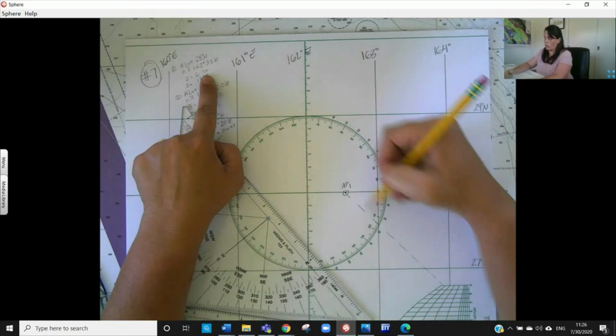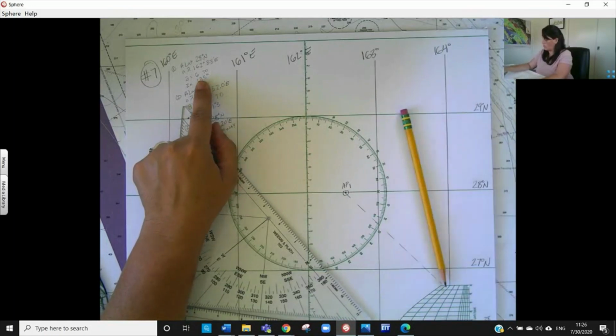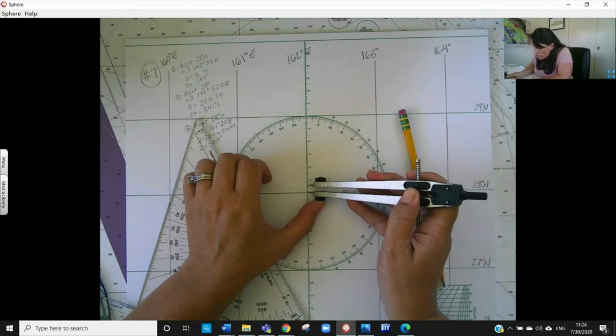So I'm going towards 135 at 6 nautical miles. So I'm going to find 6 miles.